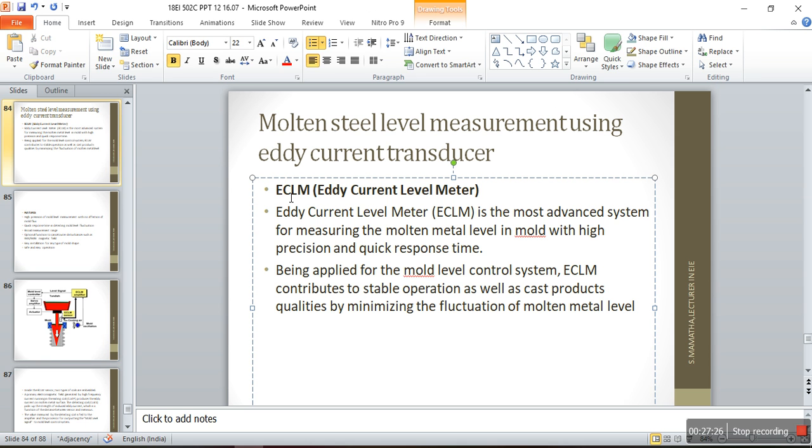Eddy current level meter, that is ECLM, is the most advanced system for measuring the molten metal level in the mold with high precision and quick response time. Mold means the container which holds the molten steel. It is applied for the mold level control system. ECLM contributes to stable operation as well as cast product quality by minimizing the fluctuations of molten metal level.